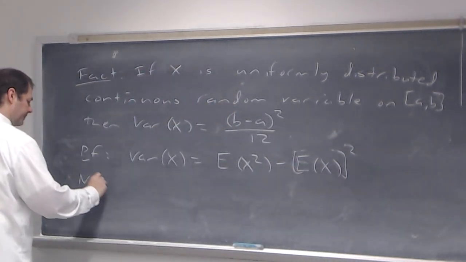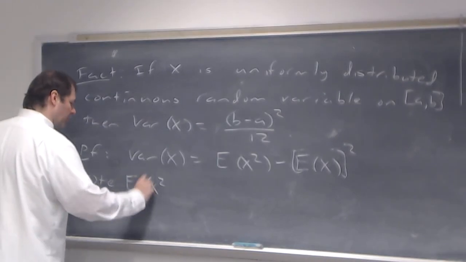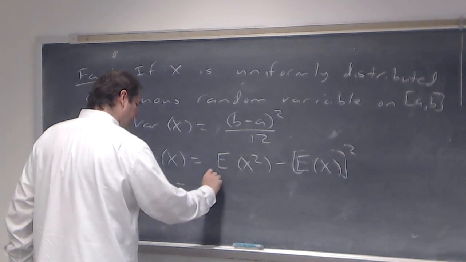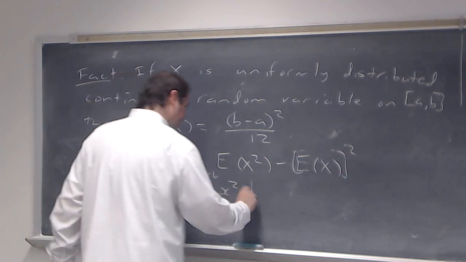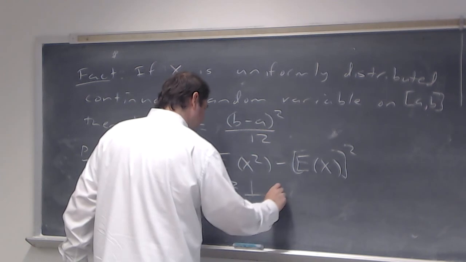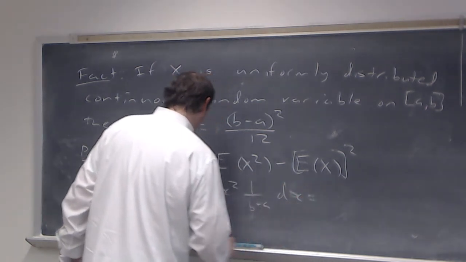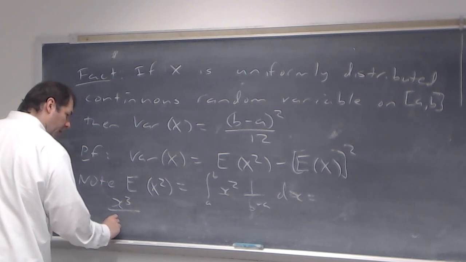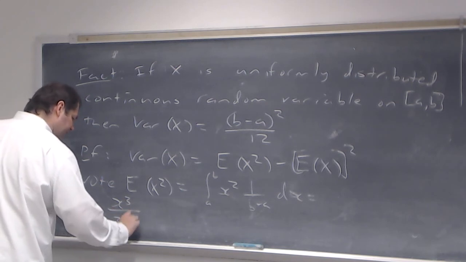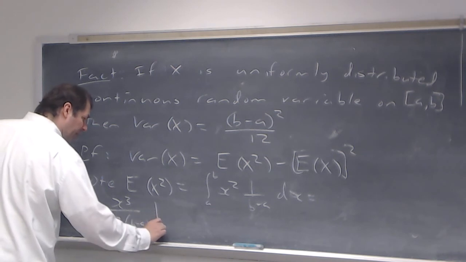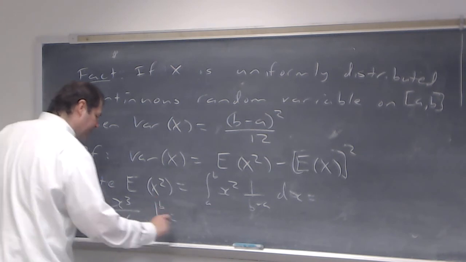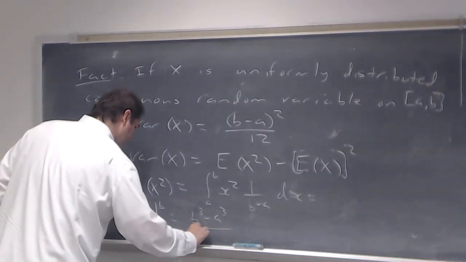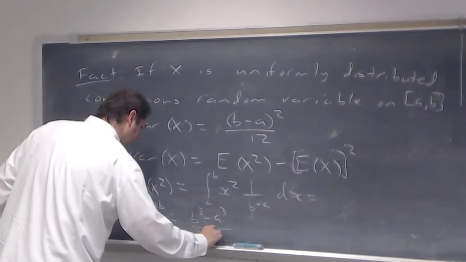So we need to find the expected value of x squared, which is going to be equal to the integral from a to b of x squared times 1 over b minus a dx, which is going to be equal to, so here's x cubed over 3, and then b minus a is in the bottom. We want to evaluate that from a to b, which ends up being b cubed minus a cubed over 3 times (b minus a).